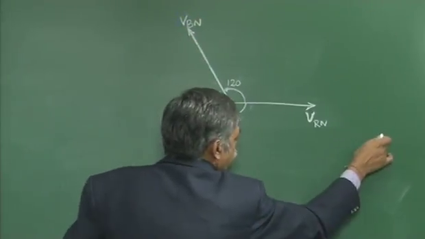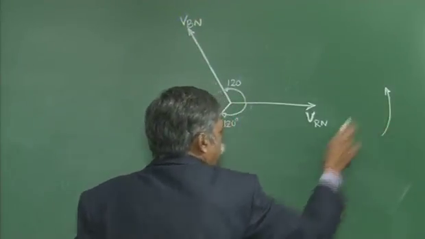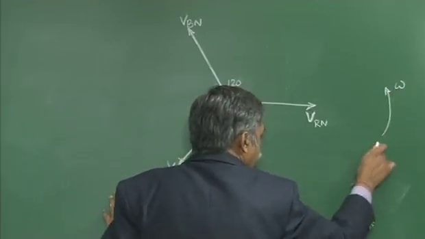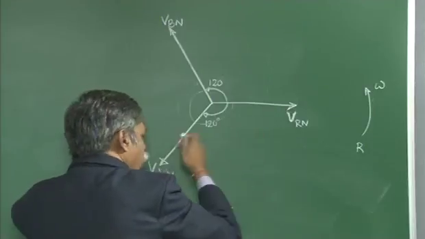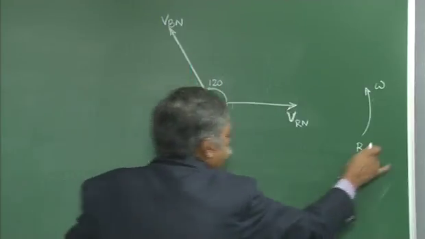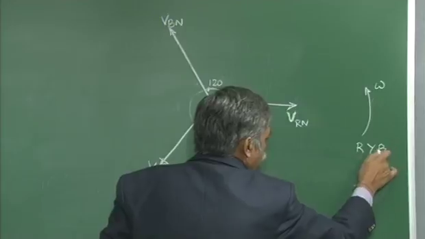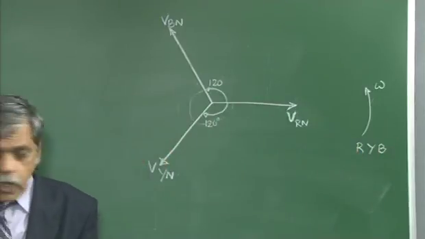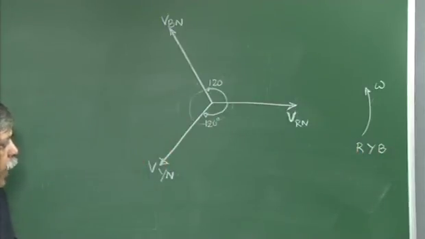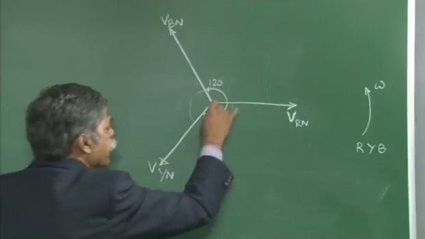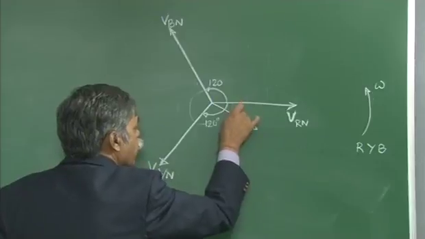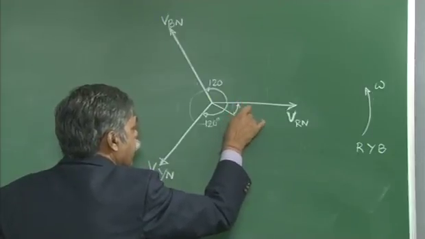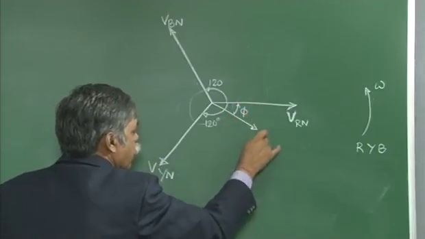Now what is the phase sequence? I have a phase sequence of RYB here. In this direction, R will move first, R followed by Y followed by B, therefore it is RYB sequence. Now as I have assumed that the respective phase currents lag behind the respective phase voltages by an angle of phi, this is what you have IR.